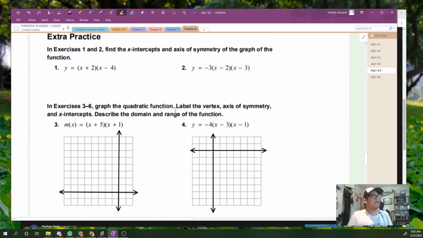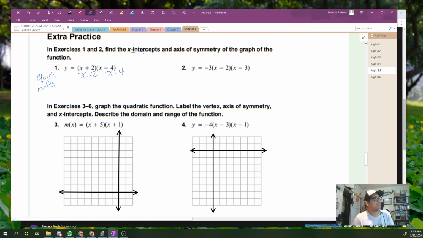Right, so find the x-intercepts and the axis of symmetry. You'll figure out really soon why this will be so powerful for us. What are the roots here? Well, that's just quick maths. Okay, x equals -2, x equals 4.